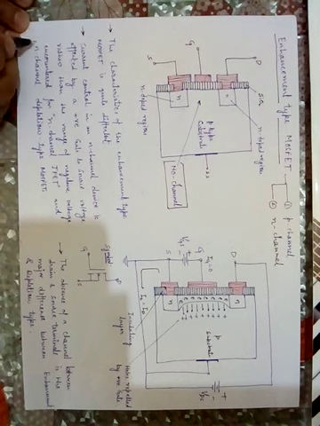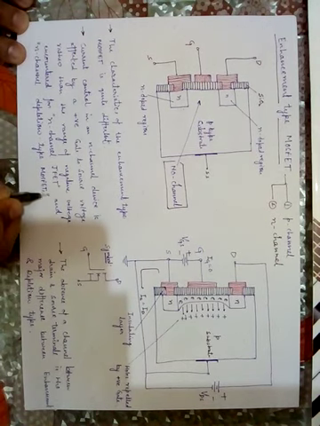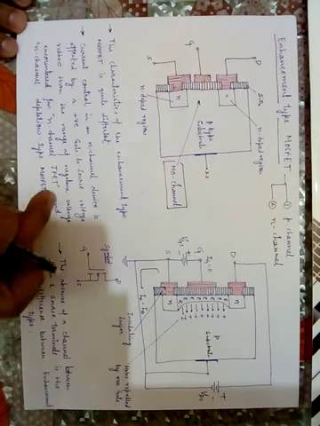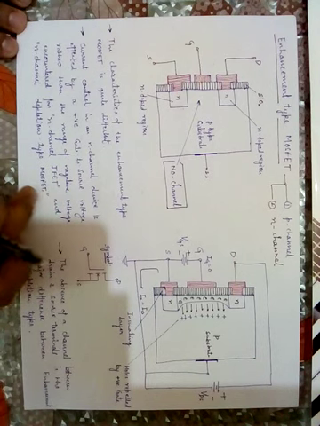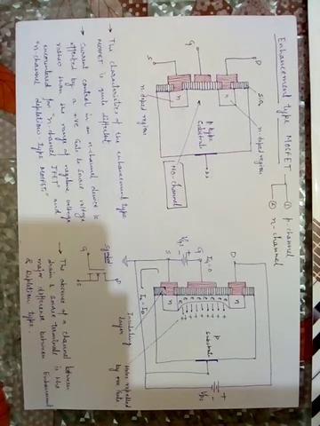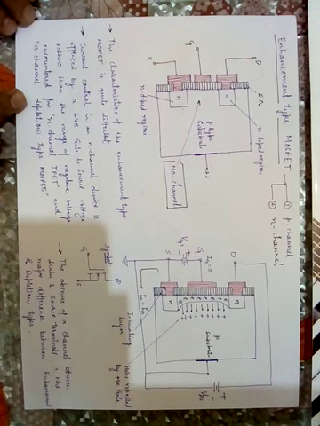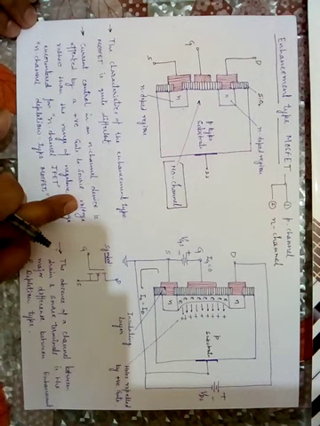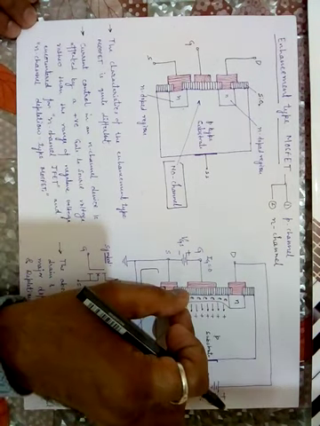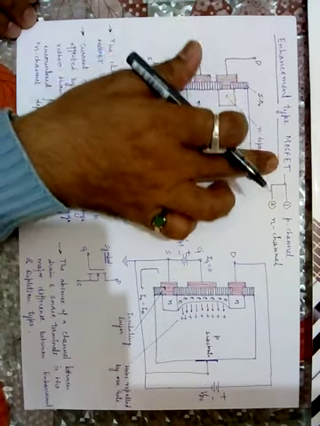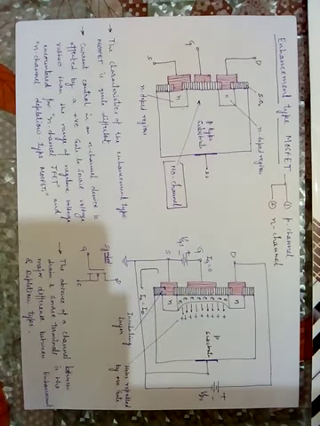Both are almost the same, in the way that we don't need to create a channel there. But here we have to apply a positive gate to source voltage to create this channel. That is the enhancement type MOSFET.